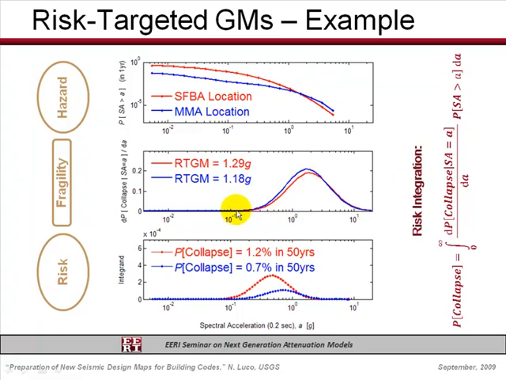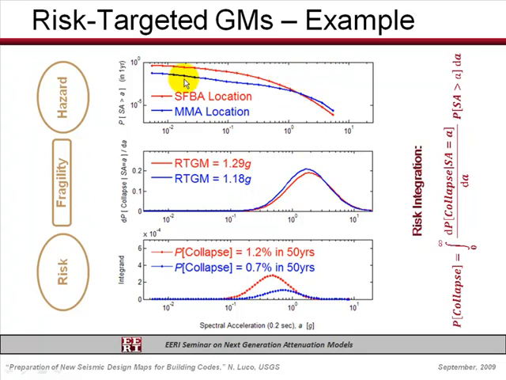So instead of looking like a cumulative distribution function in probability, it looks more like a probability density function or bell curve. But again, these derivative of fragility curves are functions of the risk targeted ground motions, which in our first iteration here we're assuming are 1.3 and 1.2, and so they're pretty similar.